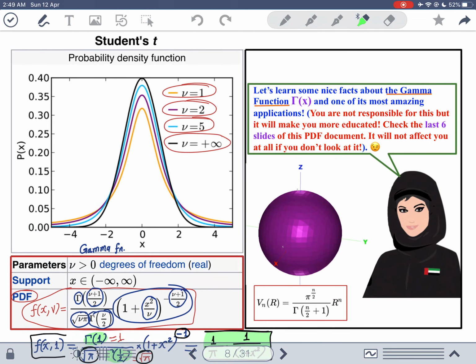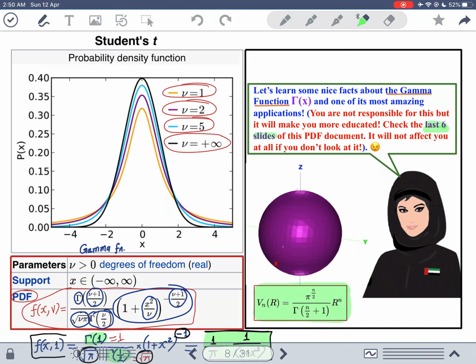Lanoud wants you to look at the last 6 slides of this lecture, where she will teach you something very interesting about volumes of balls in high dimensions. As the dimension gets higher and higher, how do you find the volume of a ball? For example, the area of a circle is pi r squared, and the volume of a sphere is 4/3 pi r cubed.